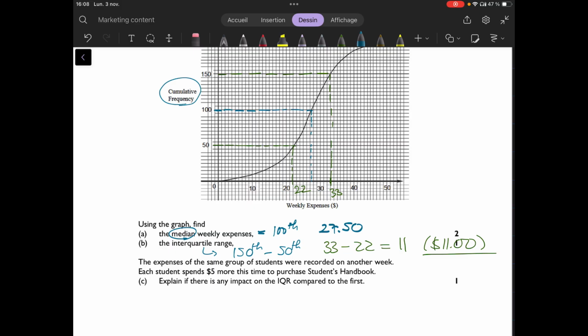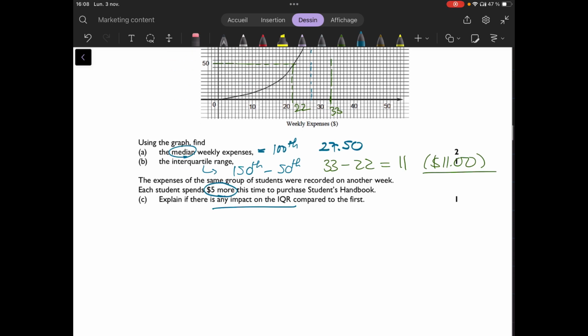Part C. Each student spends $5 more. Describe if there is any impact on the IQR. There is no impact. And the reason is that the new upper quartile is going to be 33 plus 5.